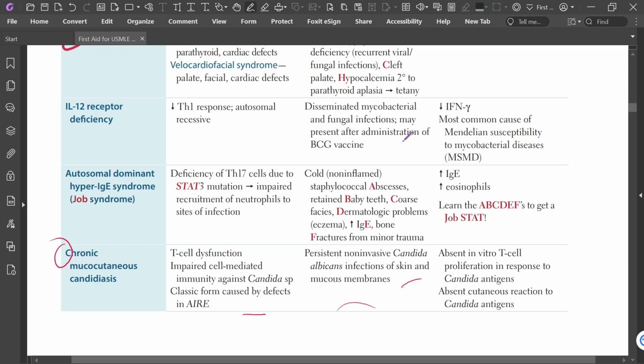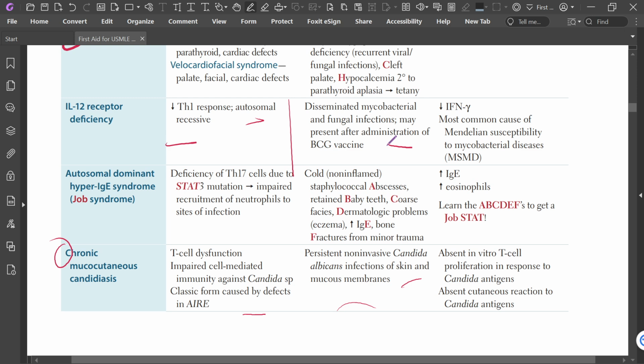I for interleukin 12 receptor deficiency: decreased T helper 1 response, autosomal recessive. There may be disseminated mycobacterial and fungal infection, which may present after administration of the BCG vaccine.